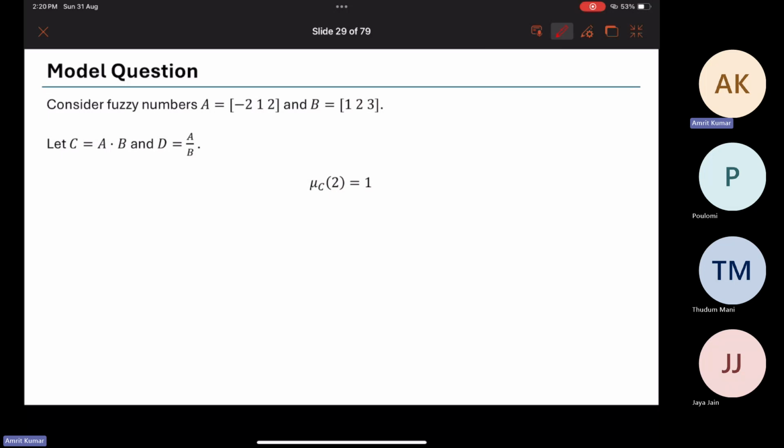Now, this we have already done, this is correct. Let us see if this is correct.